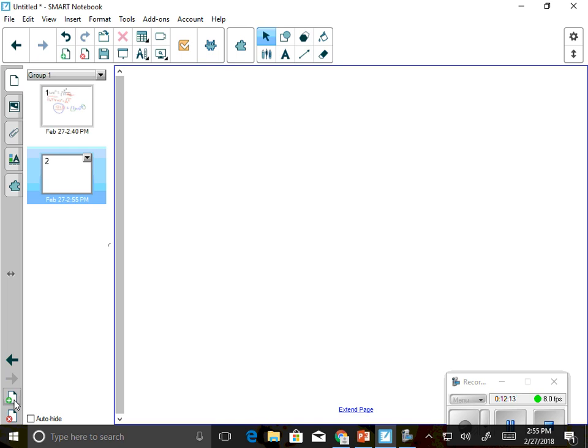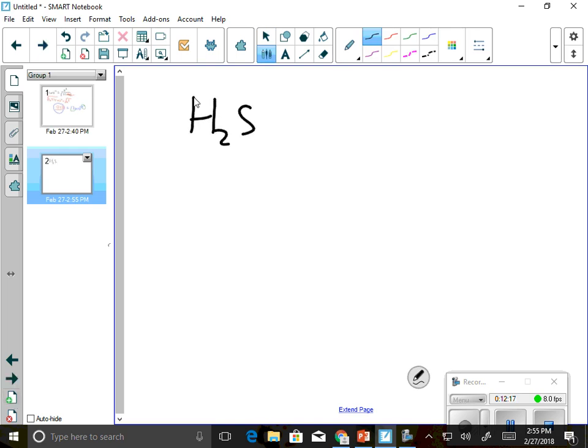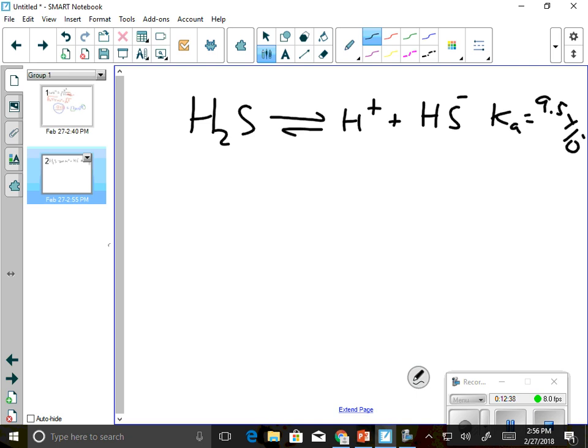Let's say you have the weak acid, hydrosulfuric acid. It does not donate both of its ions at the same time. It donates one acid ion at a time, which is why the first K value is 9.5 times 10 to the negative 8th.